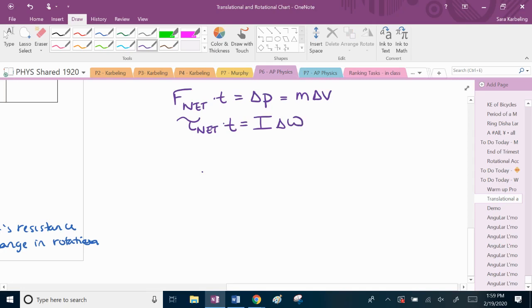Change in omega. So this is the impulse momentum theorem, the one that we know and love. And this right here is also the impulse momentum theorem.